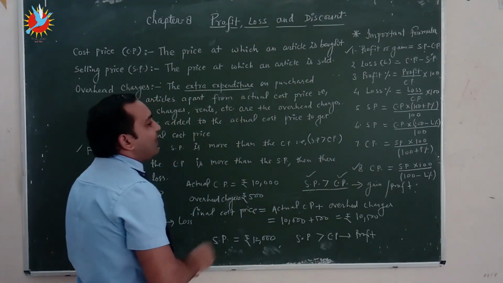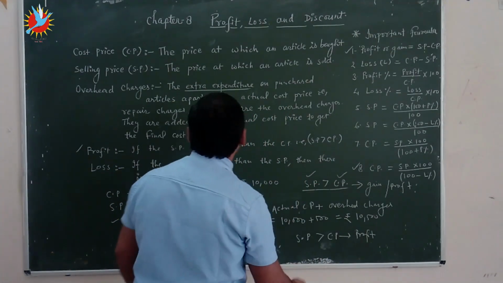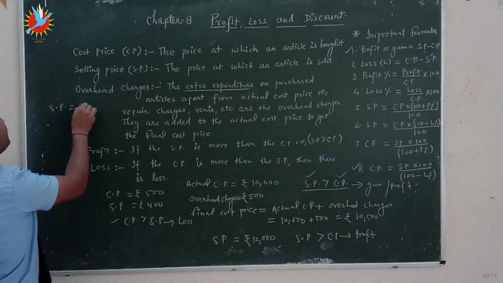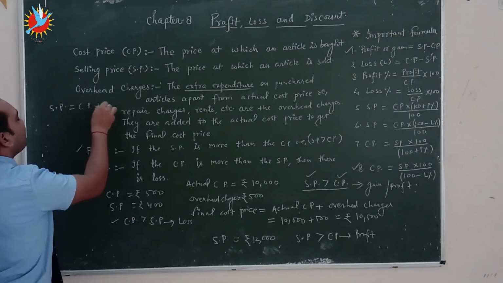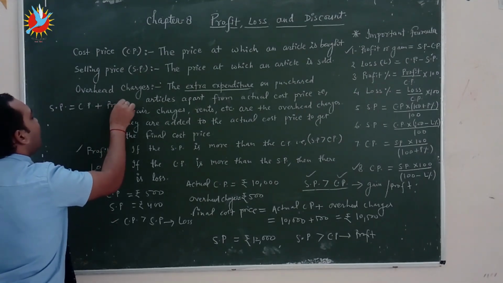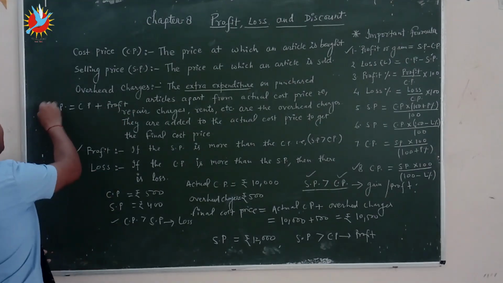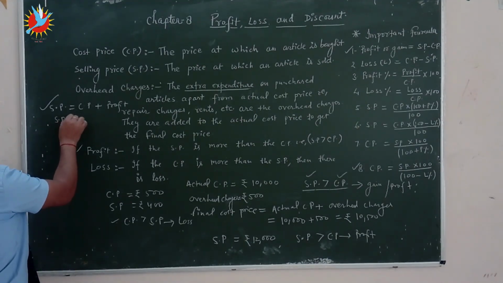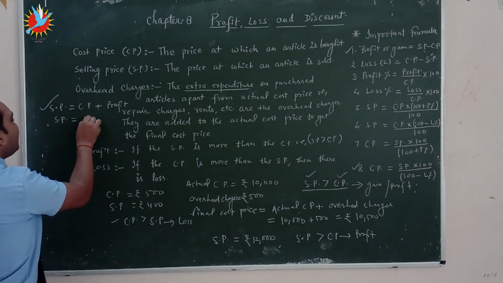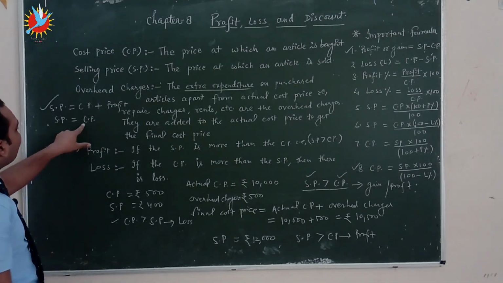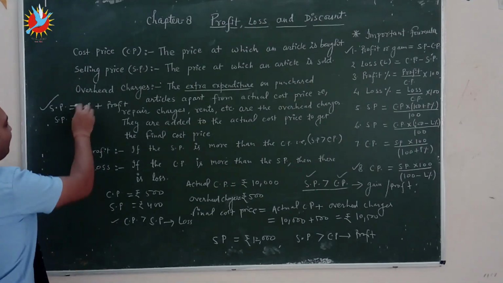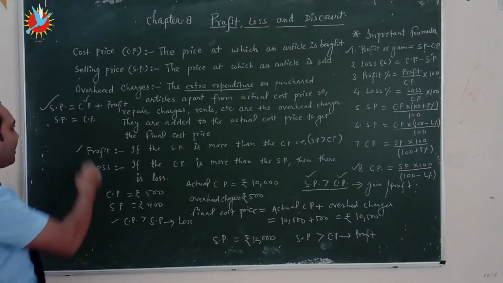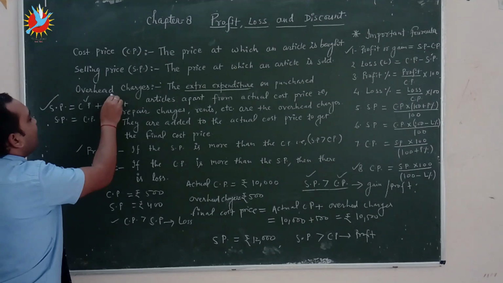Or we can find the selling price as cost price plus profit. Cost price plus profit is called the selling price. Consider the cost price of an object is 100 rupees and we get a profit of 10 rupees.